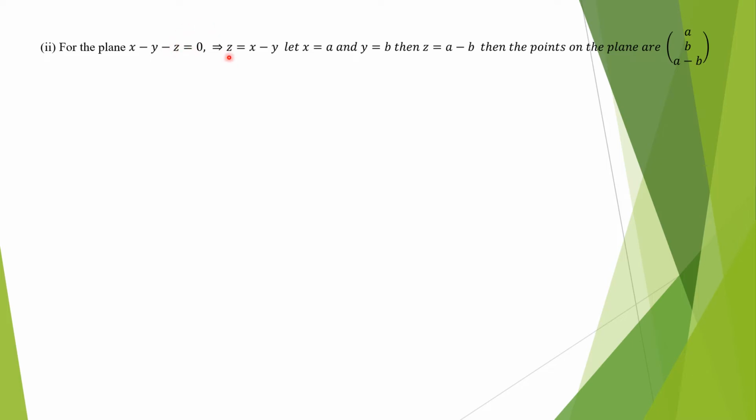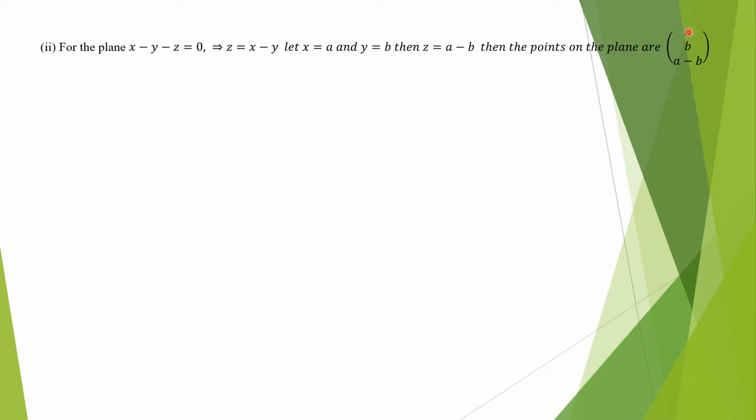If I make z the subject of the formula, then z equals x minus y. So for any variable x and any variable y, such that x is a and y is b, then z should be a minus b if it should fall on this plane. So all points on the plane should be of the form a, b, and a minus b, because the x, y, and z coordinates are arranged as such.